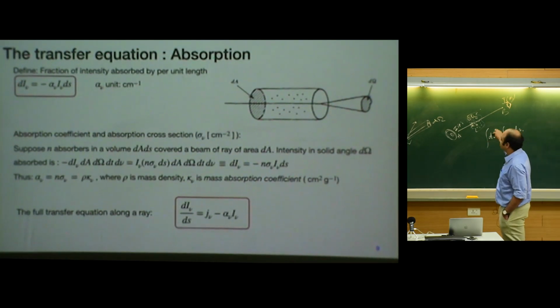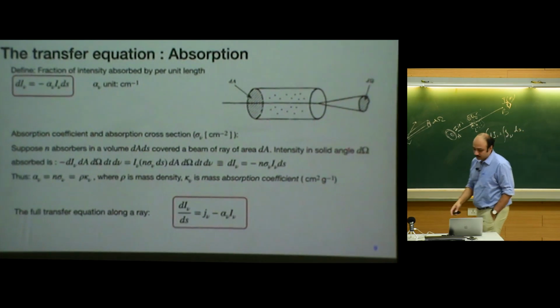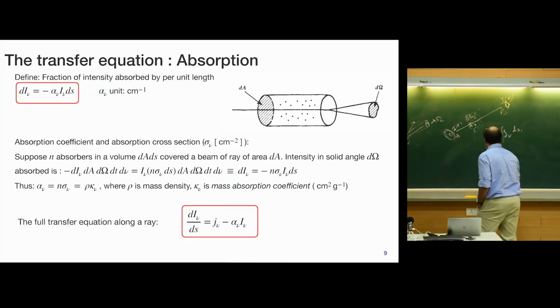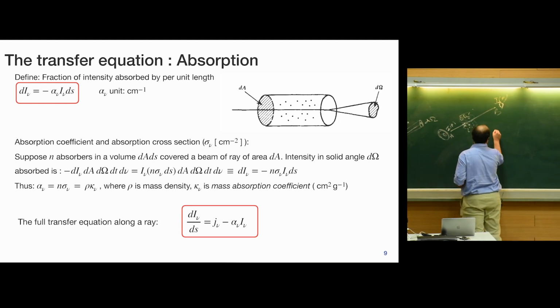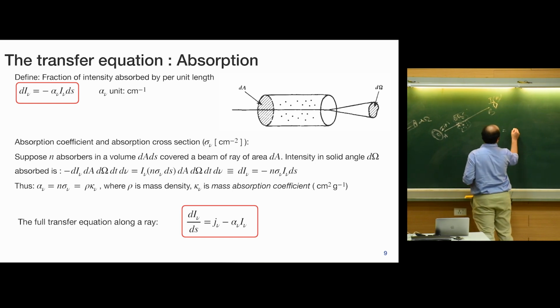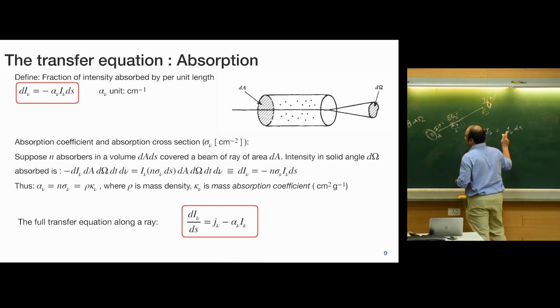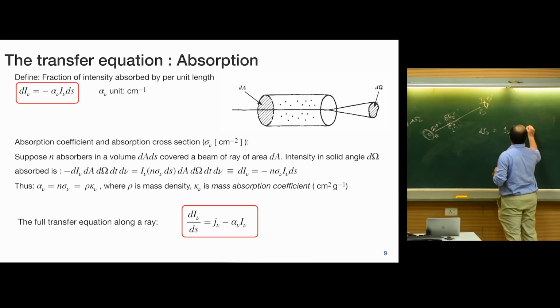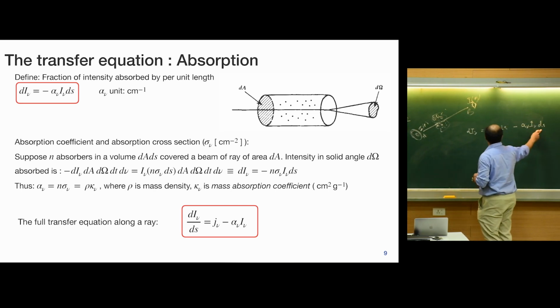So now that we are equipped with what is the change in energy through this ray as it is passing through this volume, we can write out this equation. To get to this equation, note what we derived in the previous slide, which is dI nu equals j nu times ds for the emission part, and minus alpha nu I nu ds, the absorption part.